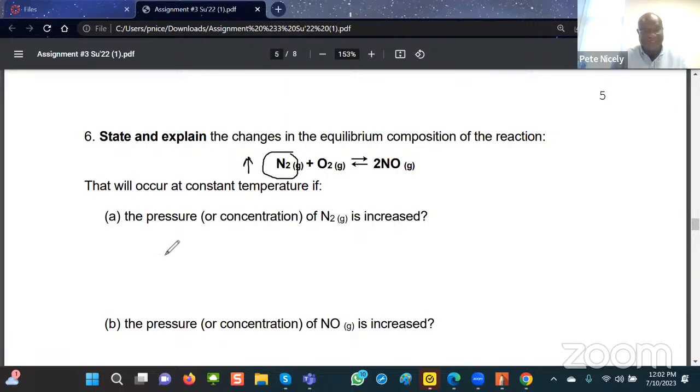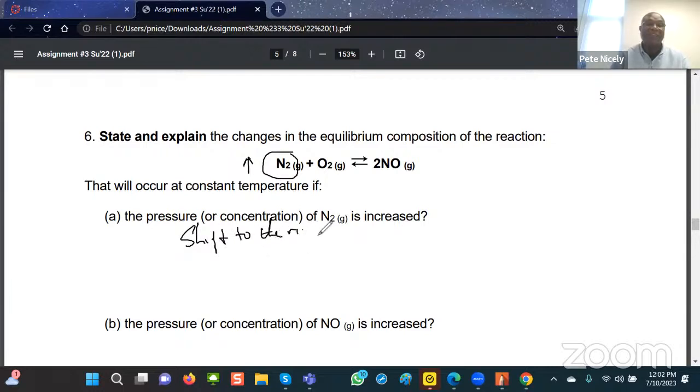That's the first part. So let me hear your answer. What do you think the answer is as far as the shift is concerned? Will the reaction shift to the left or shift to the right? Right. Okay, so shift to the right.